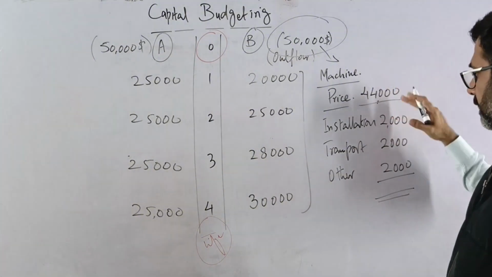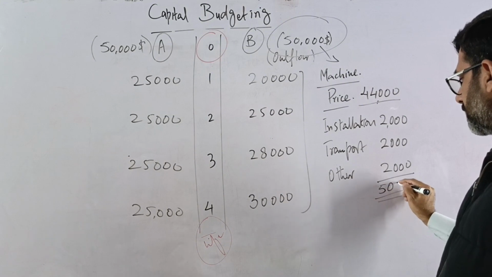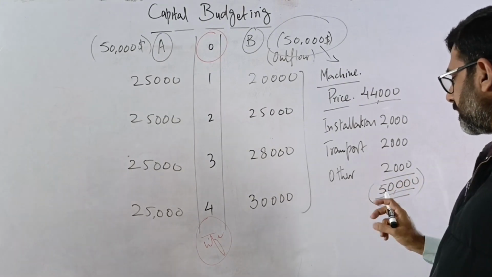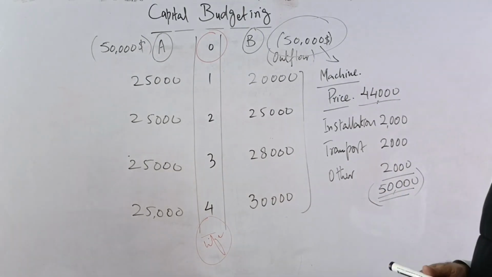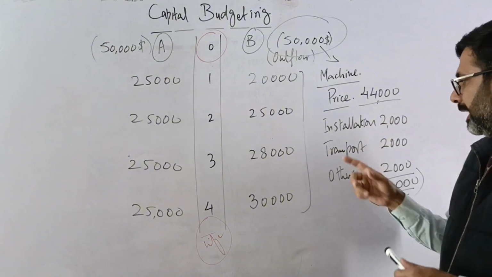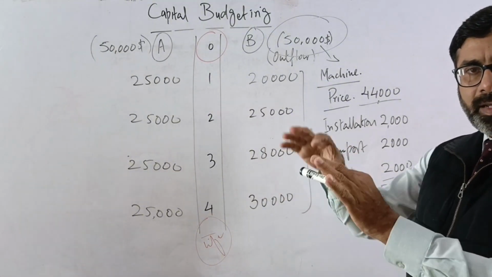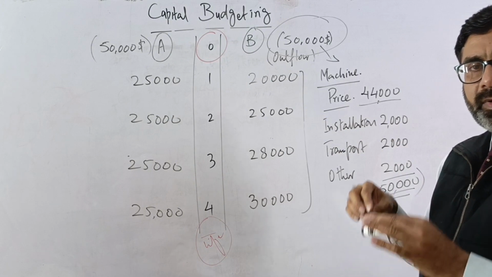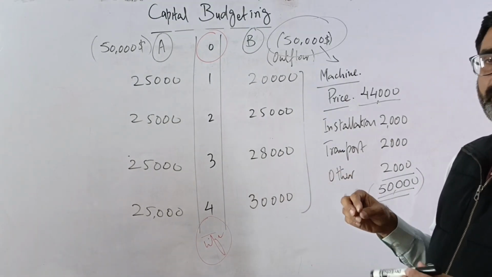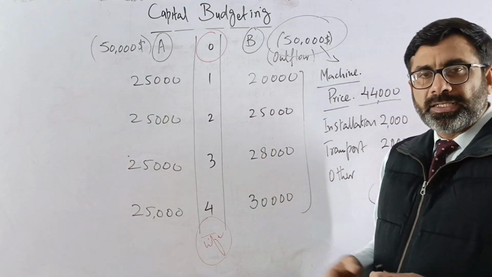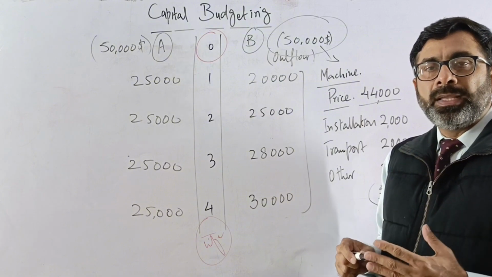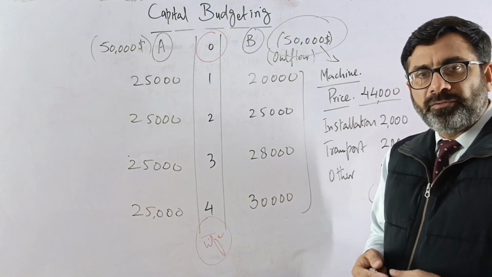So this 50,000 amount that we are getting is not just one value, it is a combination. Installation of the machine will be included, and transport of the machine, because we are getting this machine and even testing it. Then there may be other charges like basic insurance, or sometimes you need to register the machine or meet legal requirements and pay fees for that.